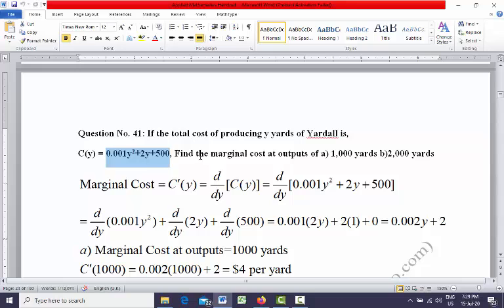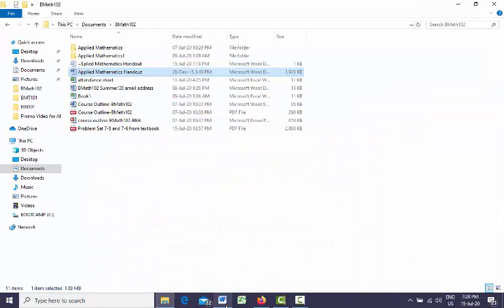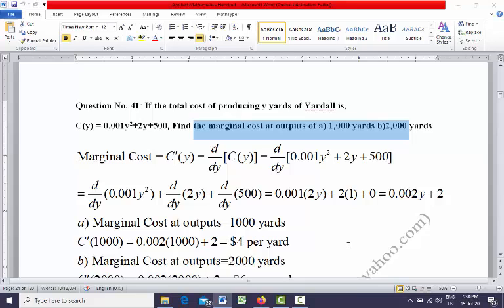Now the question is asking, find the marginal cost at output of 1000 yards. Then we need to find also the marginal cost at output 2000 yards. Before we go for this one, we need to first understand what is marginal cost. So let me write the definition of marginal cost.